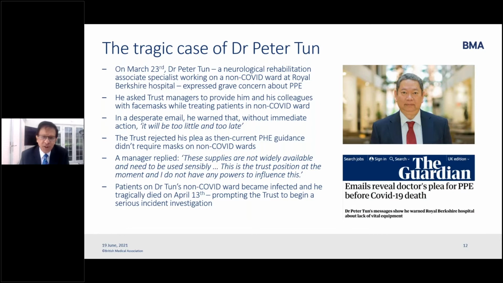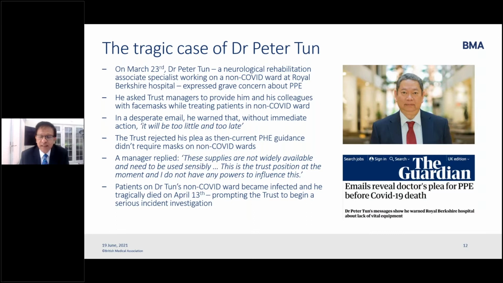We had shortages of PPE, and he knew that his patients could easily contract COVID in a hospital where there was COVID circulating. And he put an email out to his management and said, I would like to be wearing a mask because we may get infection in this ward. His manager said, sorry, the policy is you cannot wear a mask. He accepted that. He put in an email his concerns, continued, but he didn't challenge.